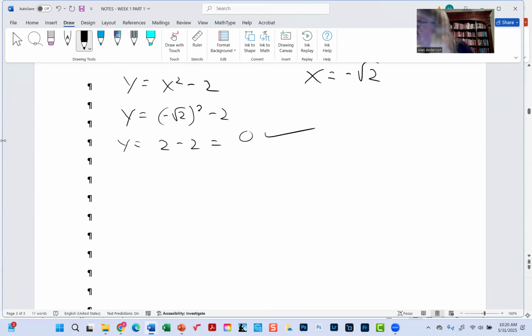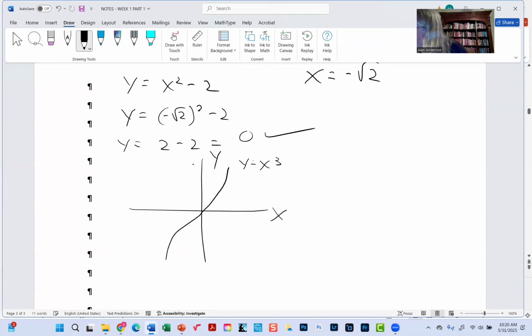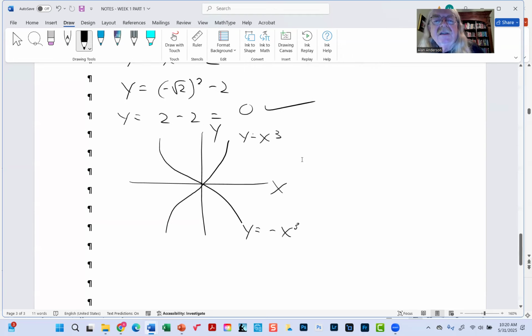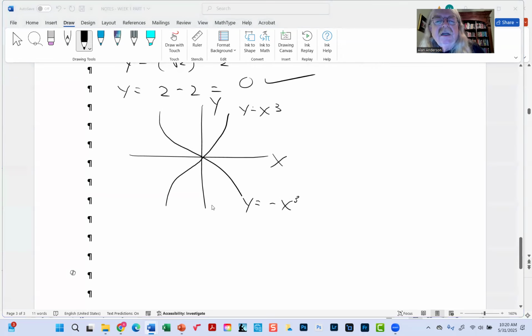So if you put them together, let's say in the same axes, they're symmetrical from left to right because of that negative sign. Okay. All right.